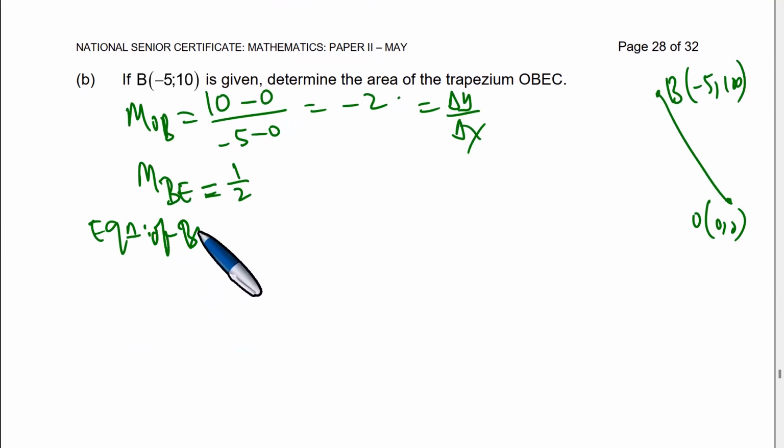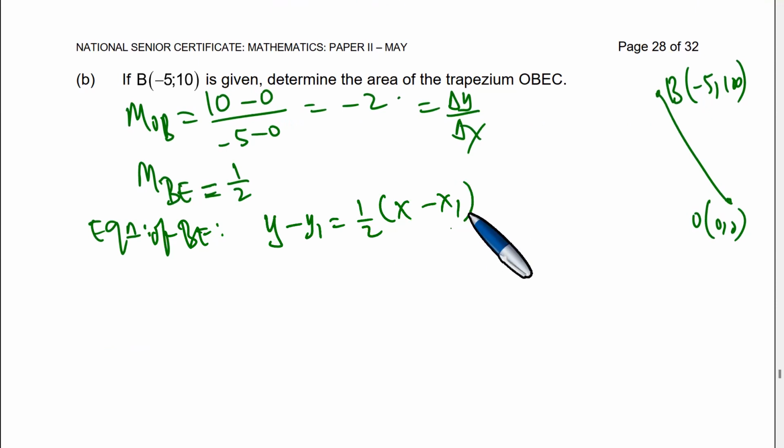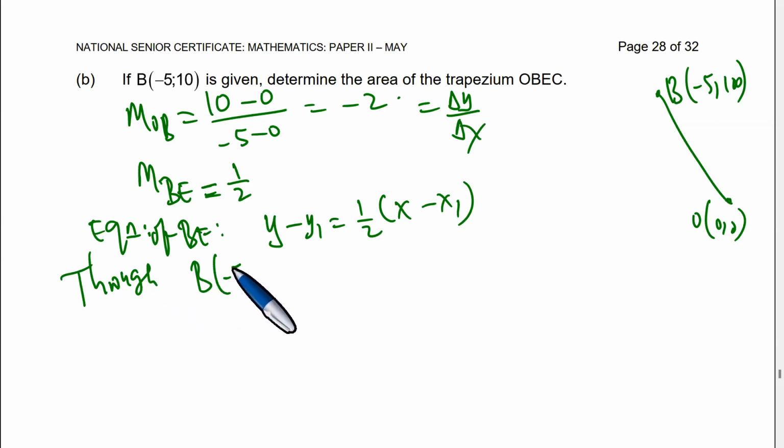Y minus y1. This is through B with coordinates minus 5, 10.